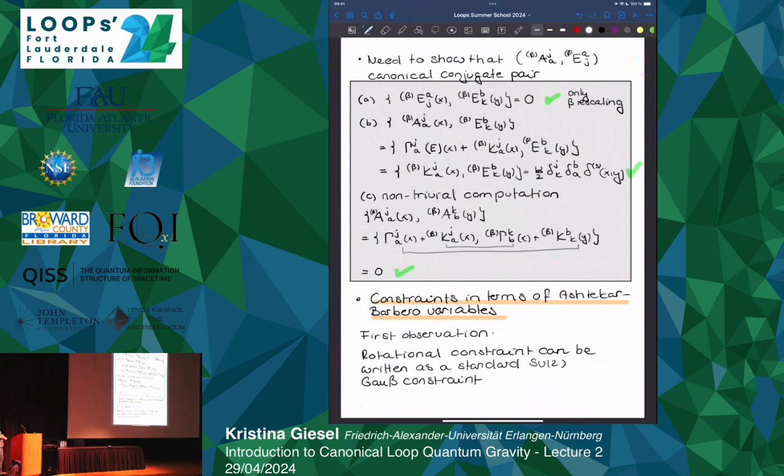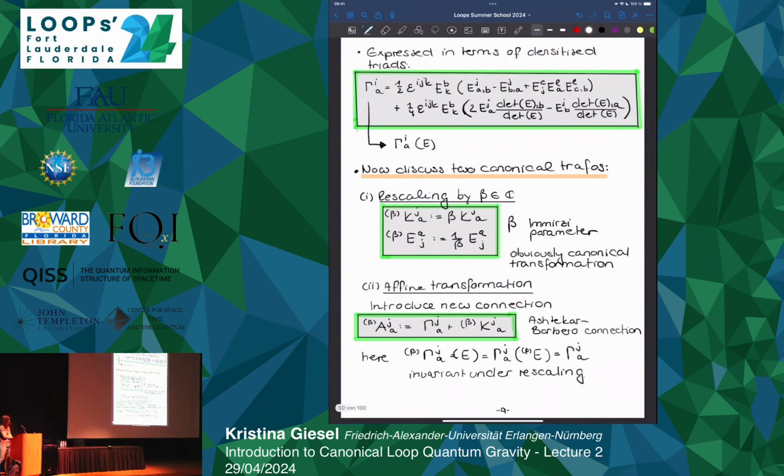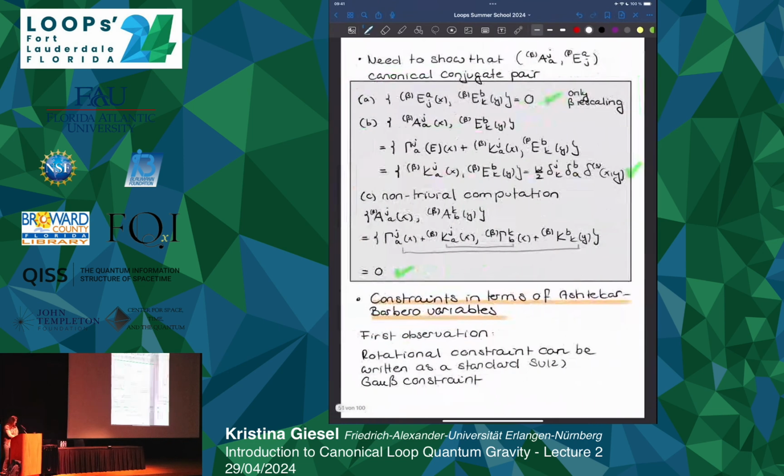Nothing has changed, so this is given because the beta is basically just pulled out. For this Poisson bracket between A and E, it's also not so complicated because you see what you add to K is just depending on E, so it will trivially commute with the E in the second entry of the Poisson bracket.